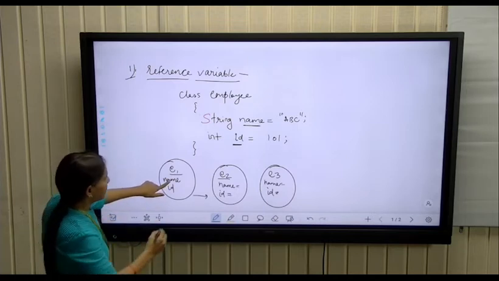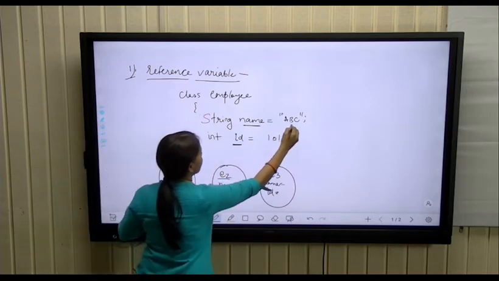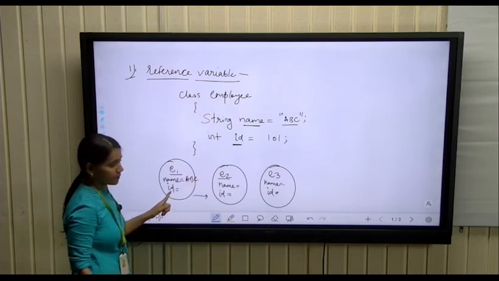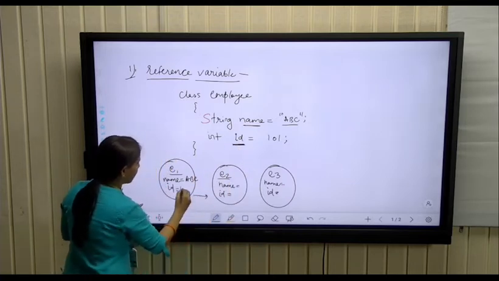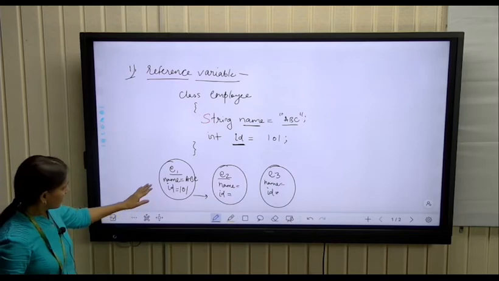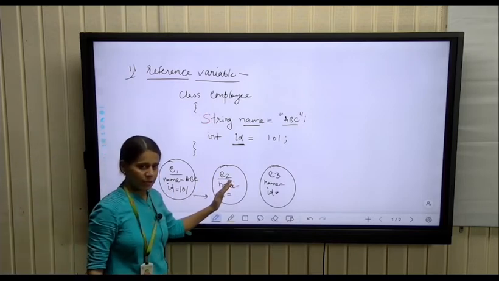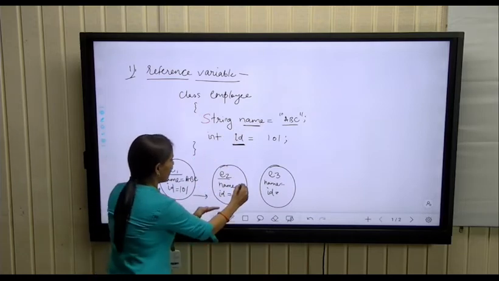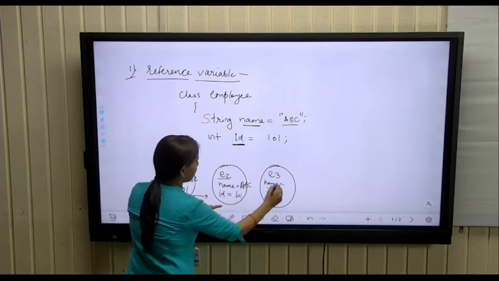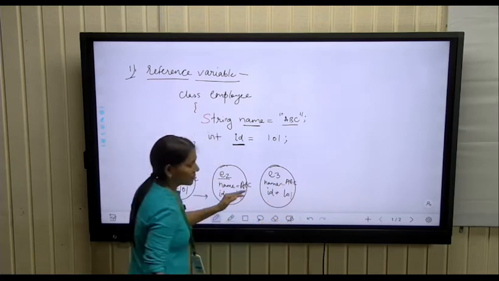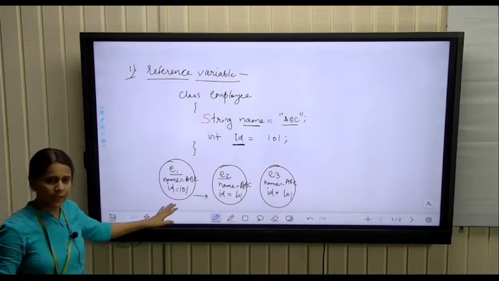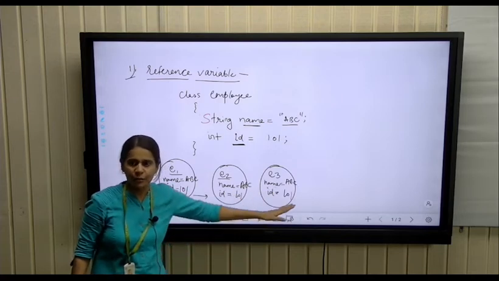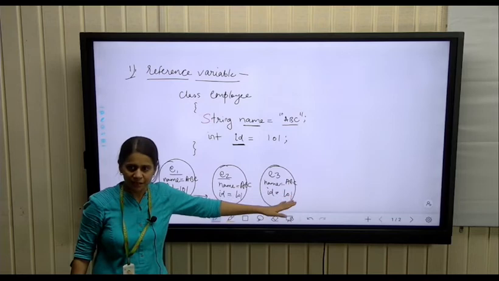See, the name which I have declared over there, that is ABC, will pass into this one for the E1 object, right? Similarly, this ID will pass into this one. Clear? So if we talk about another object, it will also take the same values, that is ABC and 101. So this is the actual problem, because we have multiple objects in a class, but those objects are taking the same values for those properties.